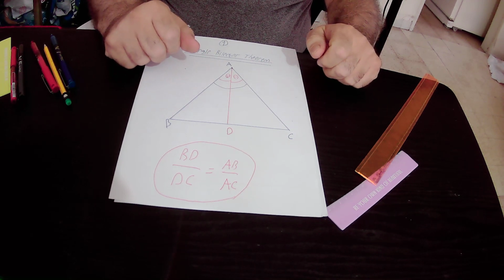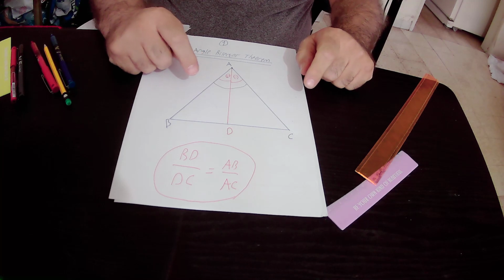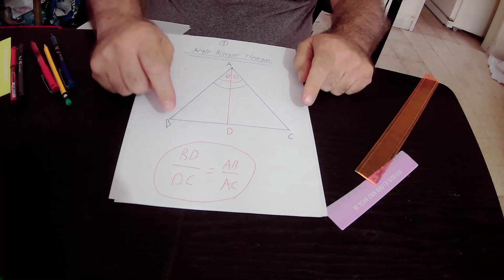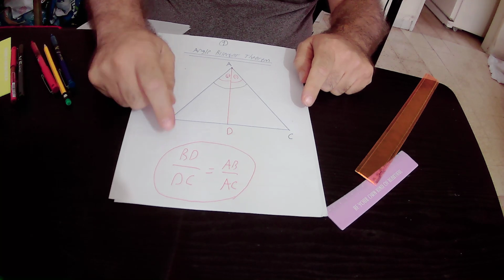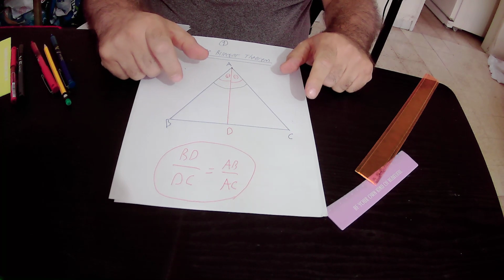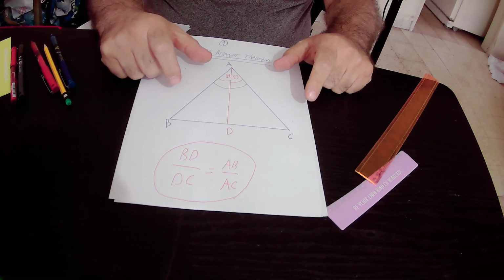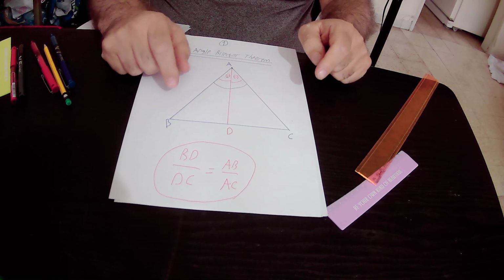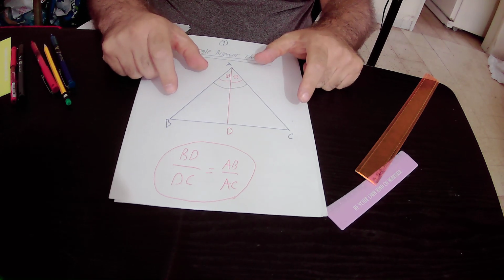So the angle bisector AD divides BC in a ratio of BD over DC, and that ratio equals the ratio between the angle legs relating to angle BAC. The legs of angle BAC are AB and AC.